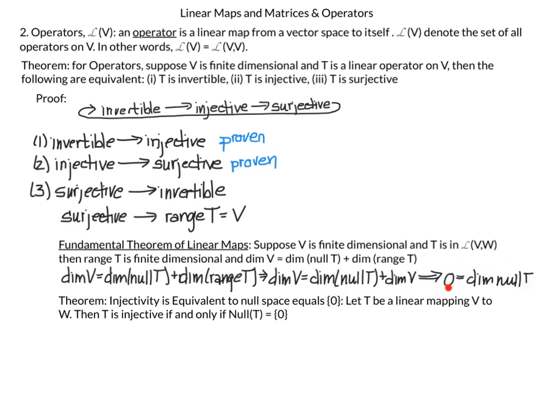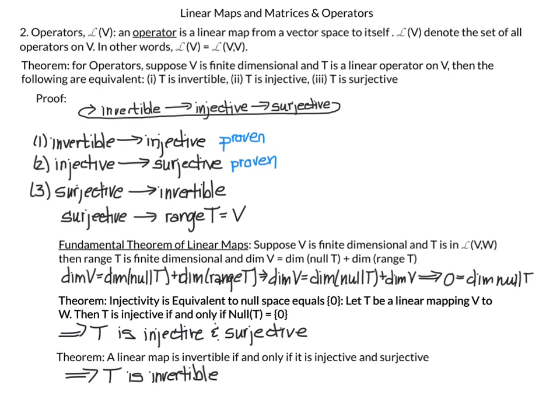That can only happen when null of T is equal to the 0 vector, which has dimension 0. So what we are saying then is, since the null of T is equal to the 0 vector, by this theorem here, that means T is injective. Also, we started out with the assumption that T is surjective, which by definition of invertible means that T is an invertible map.